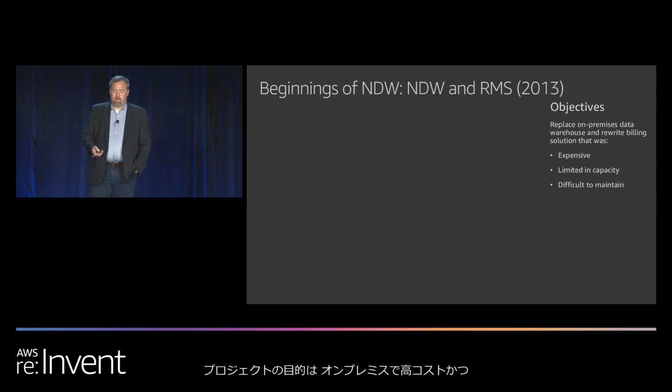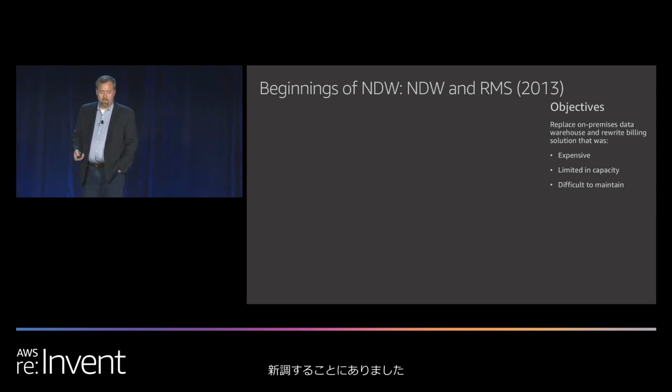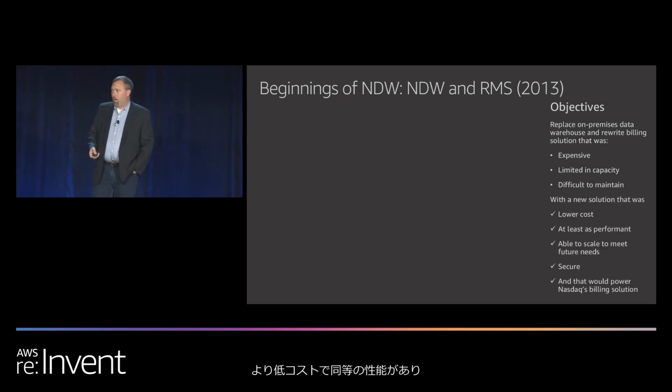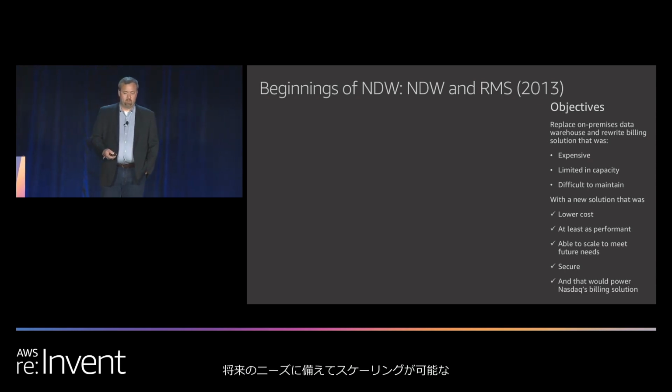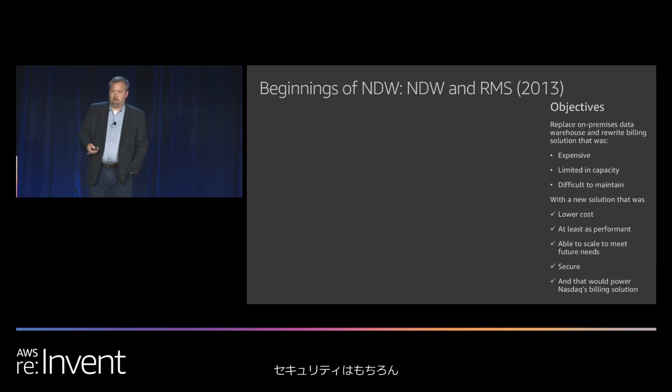The objectives of this project were to replace a legacy billing solution that was an on-prem solution that was expensive, limited in capacity, and difficult to maintain, and we wanted a new solution that was lower cost, at least as performant, able to scale to meet future needs, and of course, at Nasdaq, security is of a paramount concern.